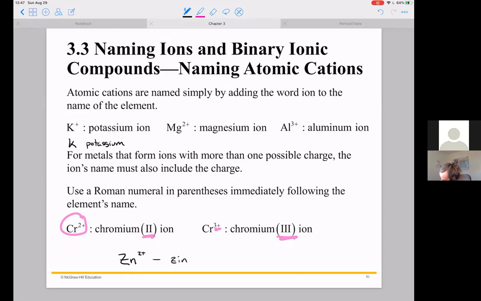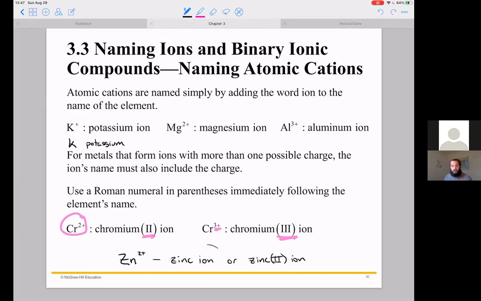You could call this either the zinc ion or the zinc(II) ion. I'll accept either. This one is considered to be the more correct one because zinc only has one naturally occurring ion, but I don't really want you guys memorizing all those exceptions.